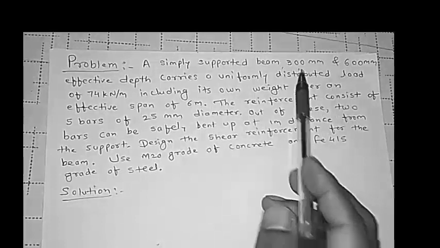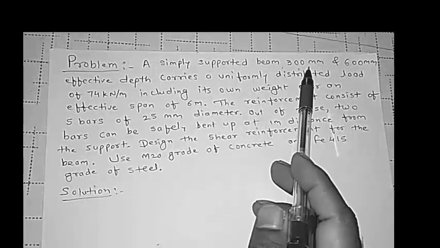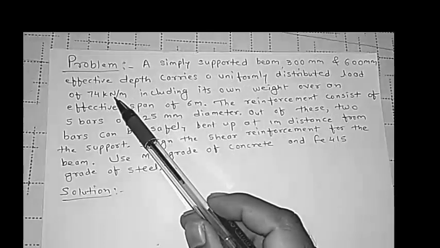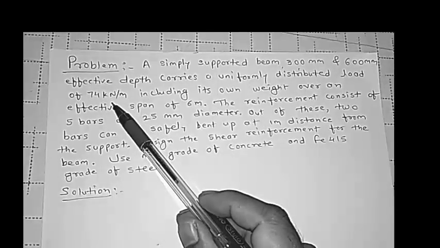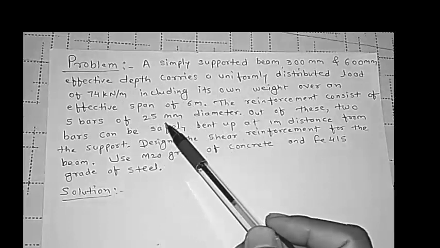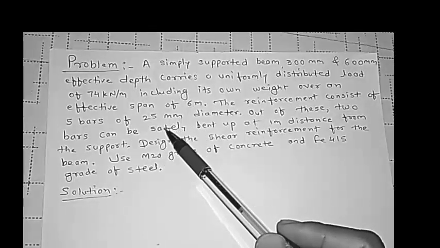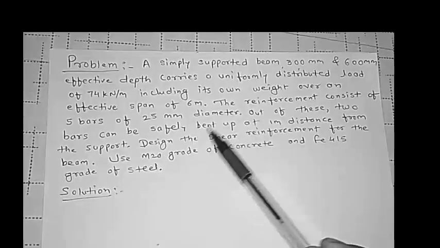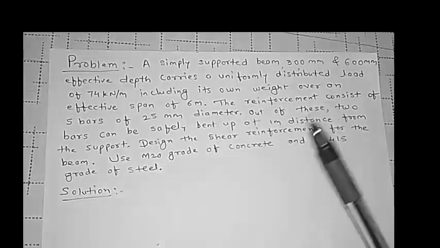Its beam depth is 600 mm, width is 300 mm. Effective span is given 6 meter, as well as the UDL is given 74 kN per meter. We have already provided 5 bars of 25 mm diameter, and 2 bars can be safely bent up at 1 meter distance from the support. So this is the data.